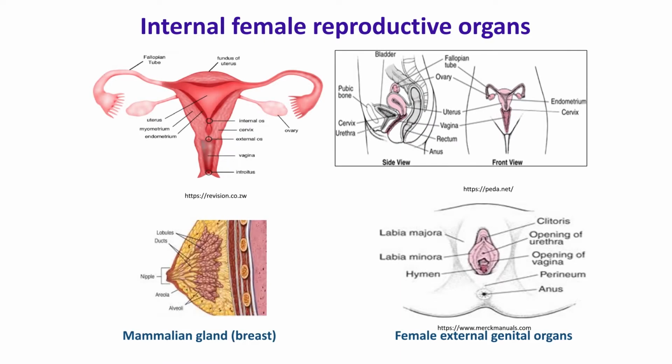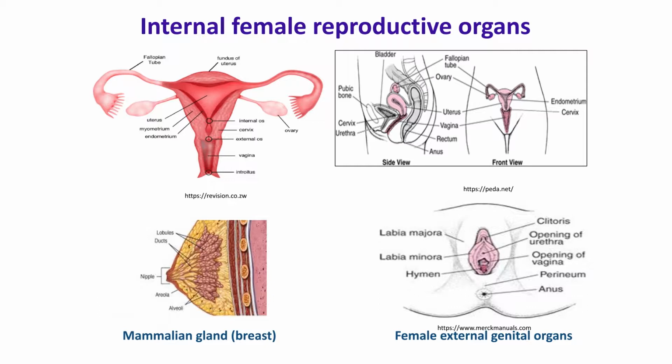Like the male reproductive system, the female reproductive system's functions are to produce gametes and reproductive hormones. However, it has the additional task of supporting the developing fetus and delivering it to the outside world, which we call pregnancy and delivery.